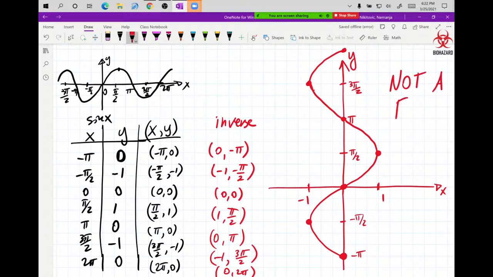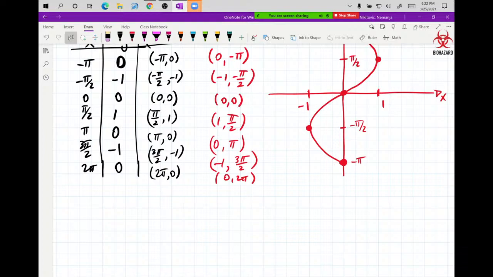Very good. So now we have to use a restricted domain and chop this up so that we only take a piece which is a function. We do that in this box here, because that box will pass the vertical line test.